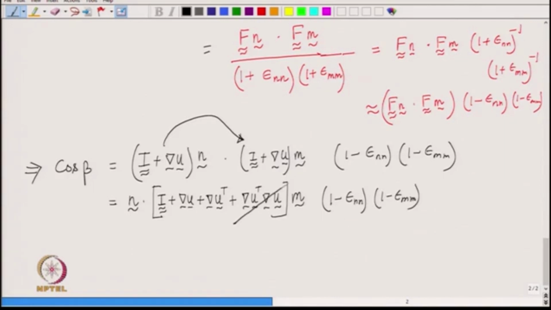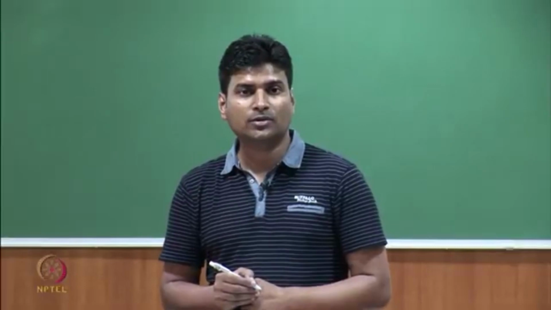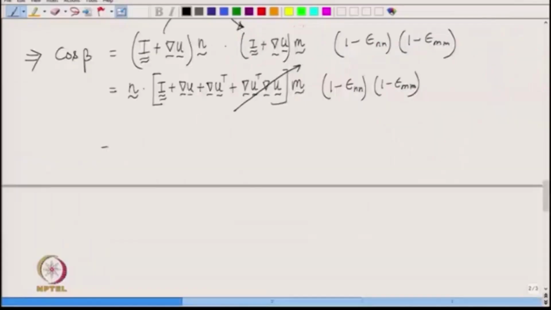So, we have to drop the quadratic term because it is insignificant compared to the grad u and grad u transpose. Okay. So, finally, what does this become? The first one you see n dot identity into m. So, it is n dot m, and because n and m are perpendicular, it simply becomes 0.